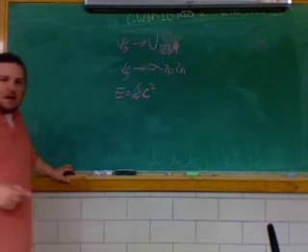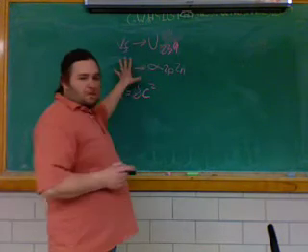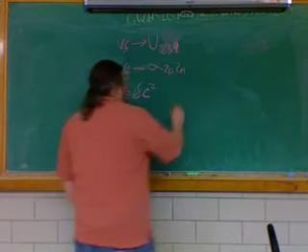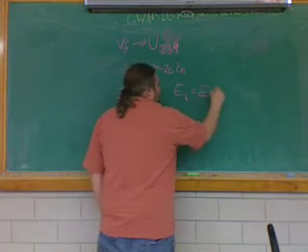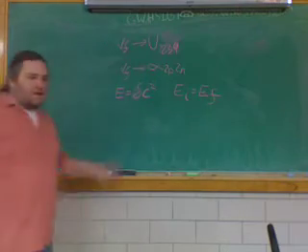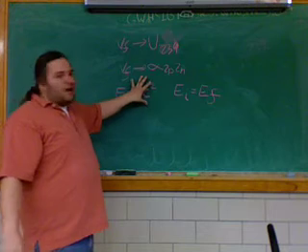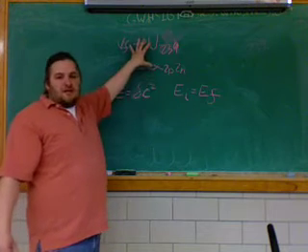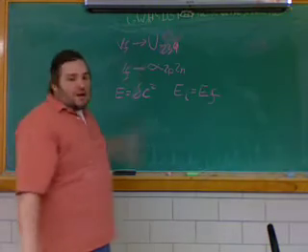The other equation I need is conservation of energy. Okay? I'm going to presume that the energy is conserved. So energy initial equals energy final. So the energy initial is going to be the mass defect. This is the amount of energy that's being released into the system, and all of that energy is going to be converted into kinetic energy.